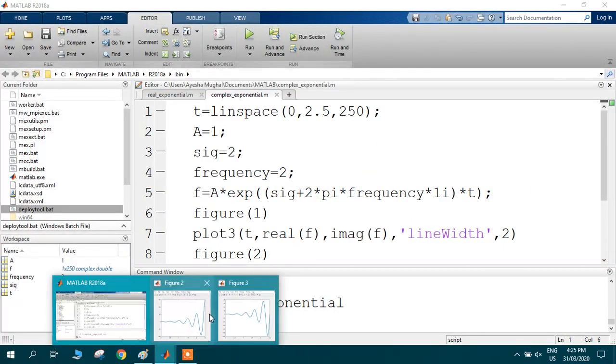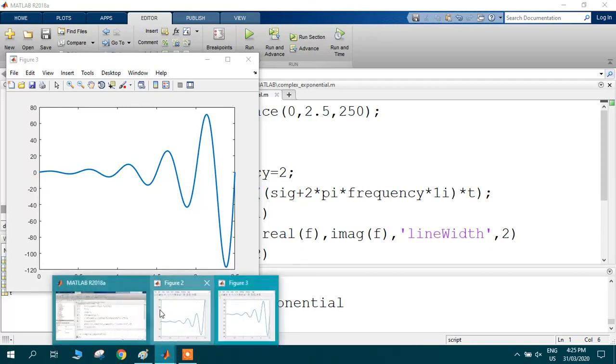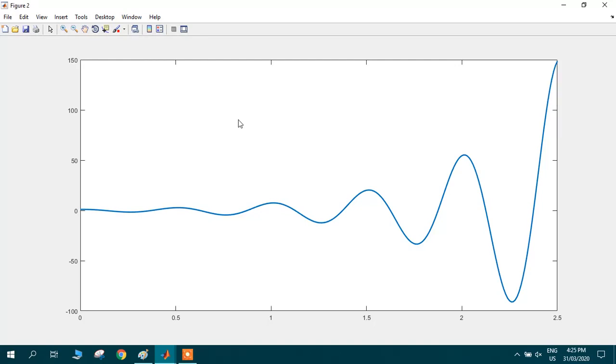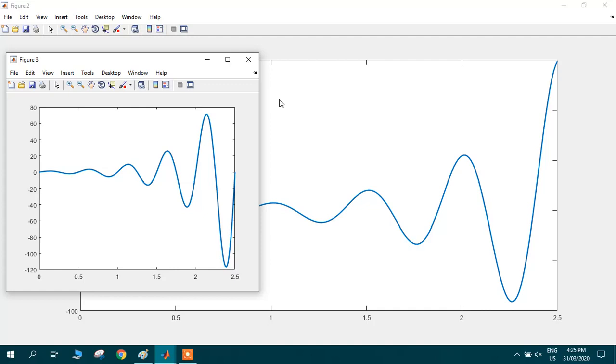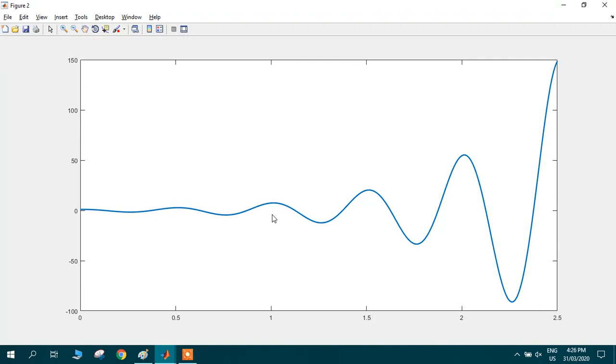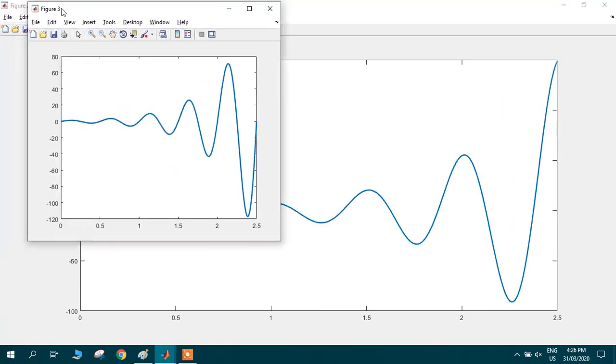Now let's see the real part of this function. This is the real part, and this is the imaginary part of this function. You can see that at 0 it is 0, and figure 3 is the imaginary part.